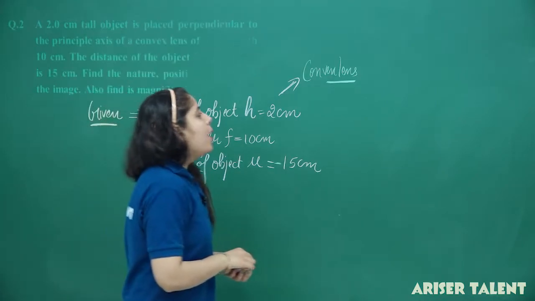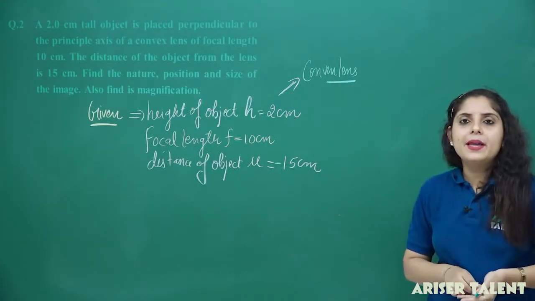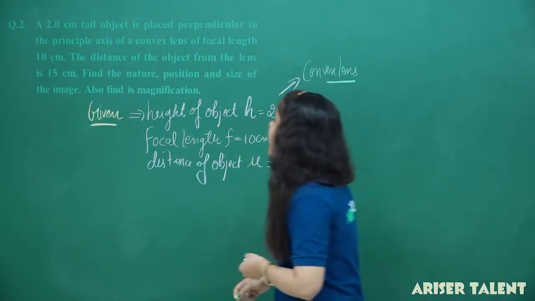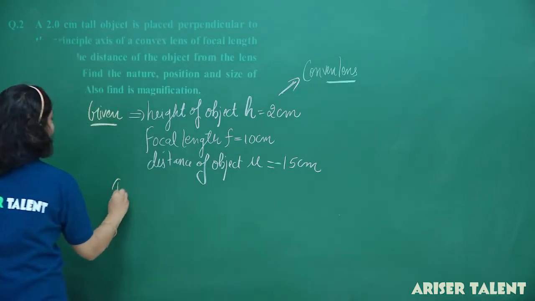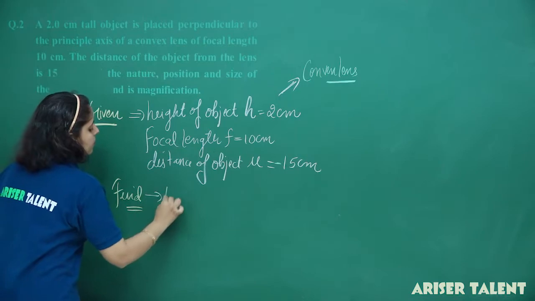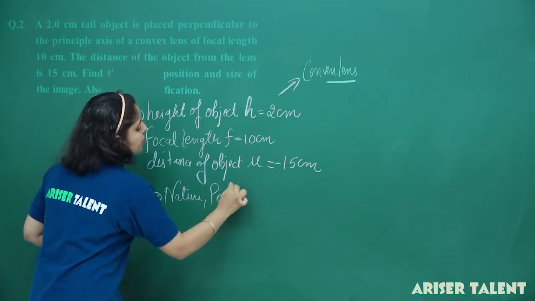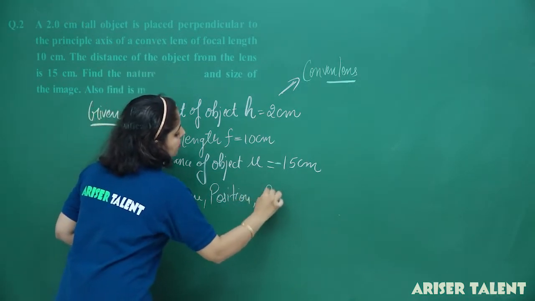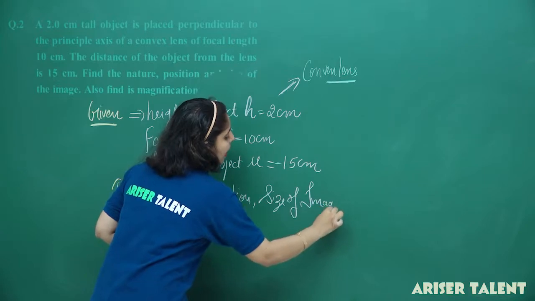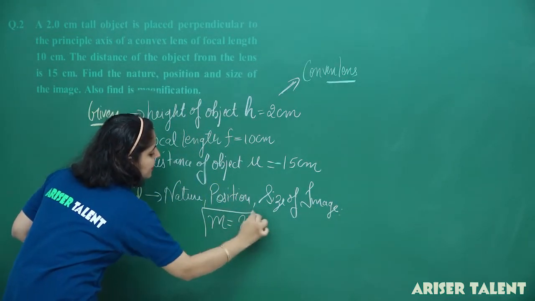Now, you have to determine the nature, position and the size of the image and also the magnification produced. So, what things you have to find out? You have to find nature, position, size of image, and also you have to determine the magnification produced in this case.